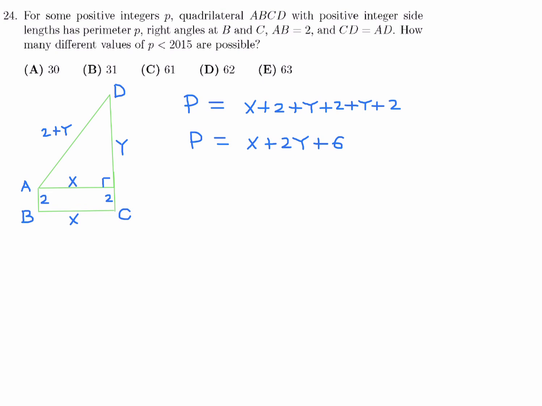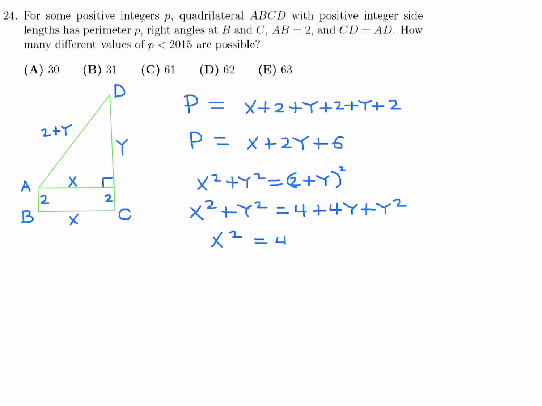Now using Pythagoras on this triangle right here, we can get the following, that X squared plus Y squared is equal to 2 plus Y all squared. When you expand, this is X squared plus Y squared. This is 4 plus 4Y plus Y squared. The Y squareds cancel, and all you're left with is X squared is equal to 4 times, we can factor out, 1 plus Y.